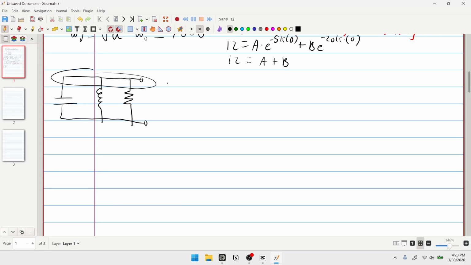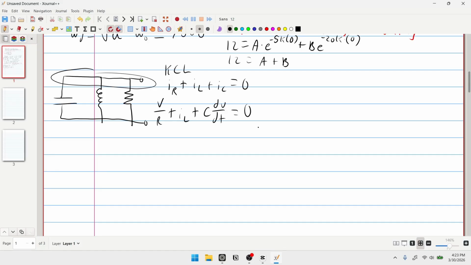So we know that the current through the resistor plus the current through the inductor plus the current through the capacitor should sum to 0 via KCL, or Kirchhoff's current law. Okay, and so let's just start with what we know. We know that V over R is for the resistor. Let's just keep our inductor as I of L. And we know that C dV dt is for the current through the capacitor.